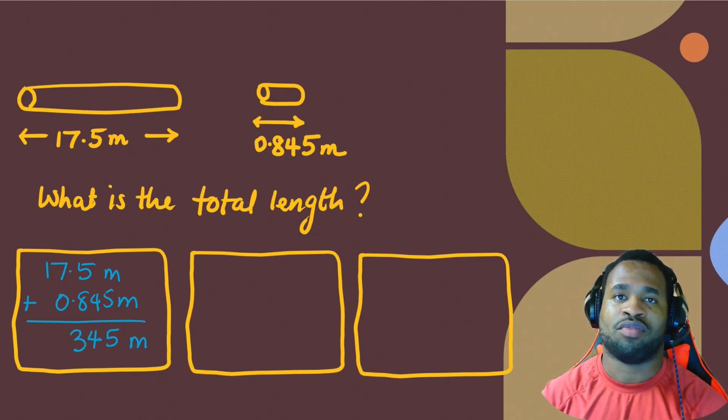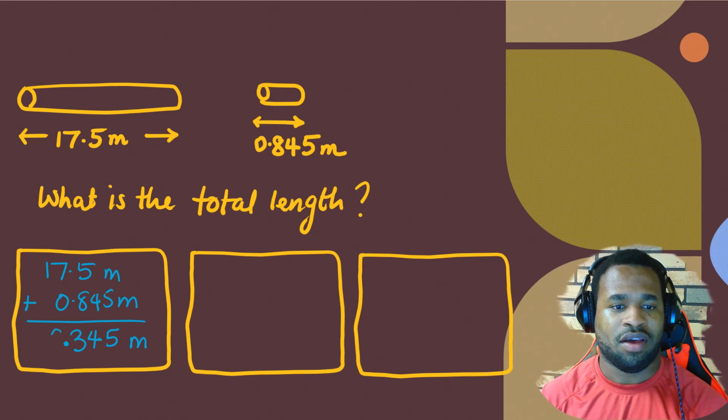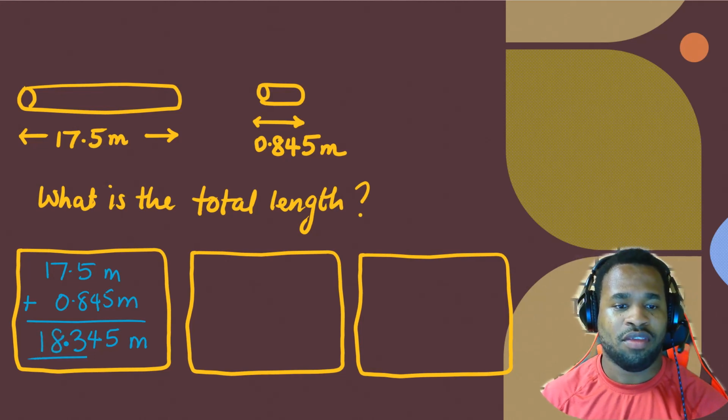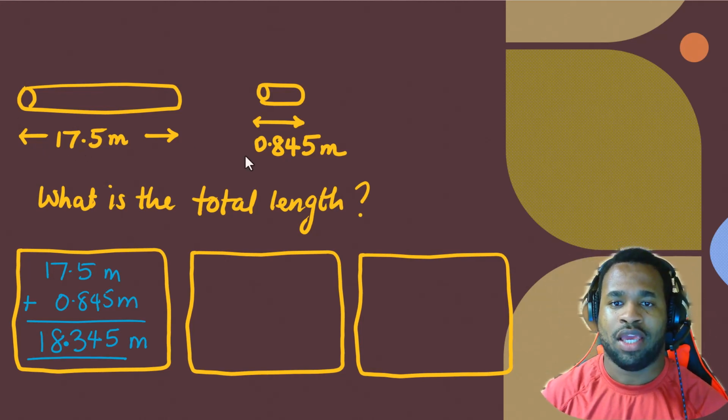So we put our 3 down and we put our decimal point, and that 1 we're going to add to 7, that gives us 8, and then we have our 1 brought down here. So this here is based on the actual numbers that are shown right here.